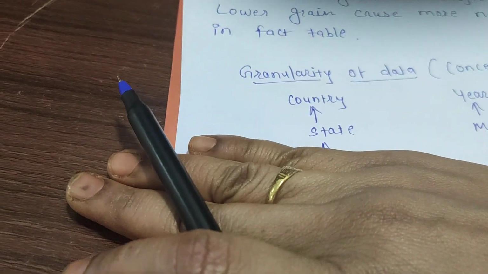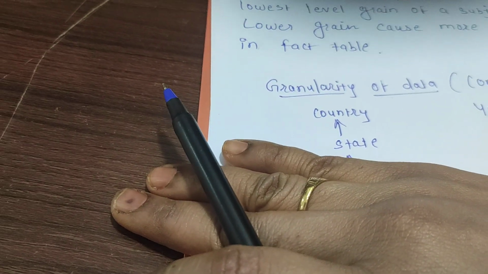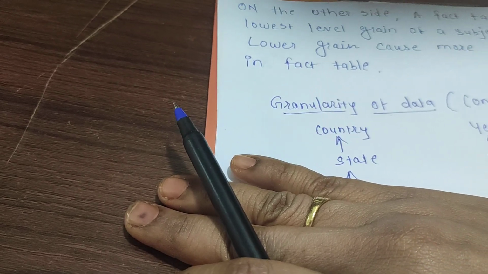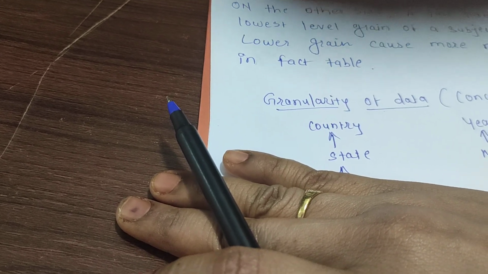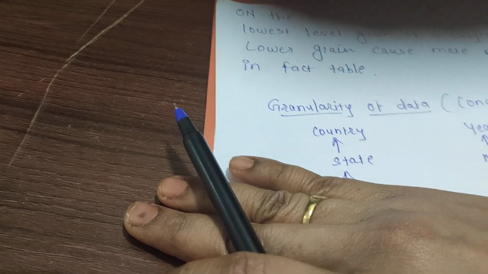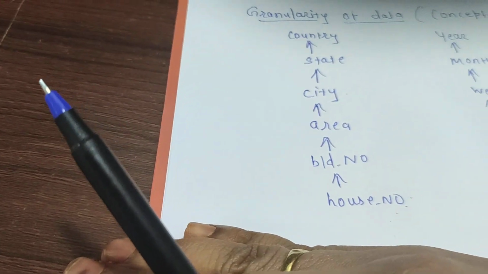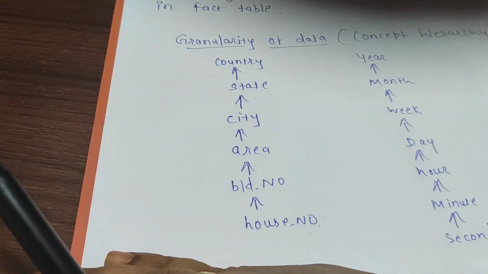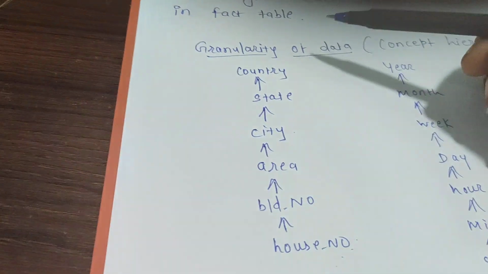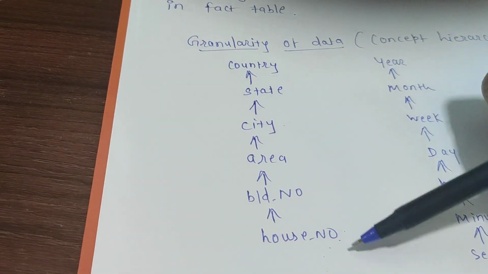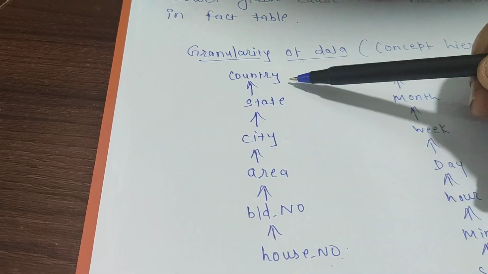If you only keep these two values, country and state, we will have less detailed information about location. We don't know what is the city, what is the area in that city, what will be the building number, what will be the house number. We can't get detailed information. So to keep detailed information, we should have a concept hierarchy, or we can say granularity of data.